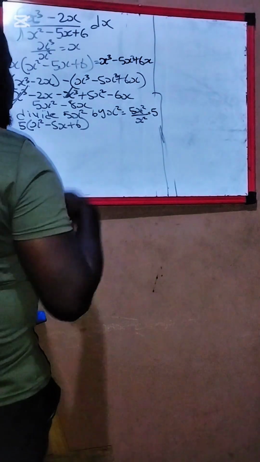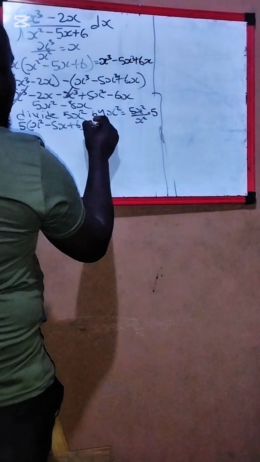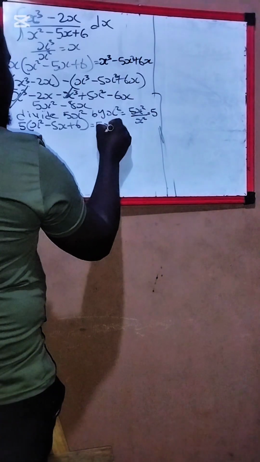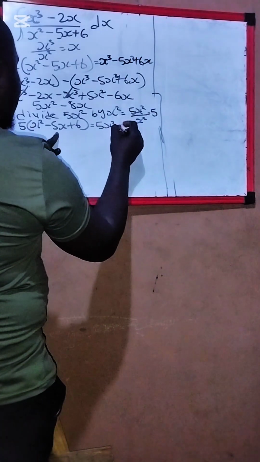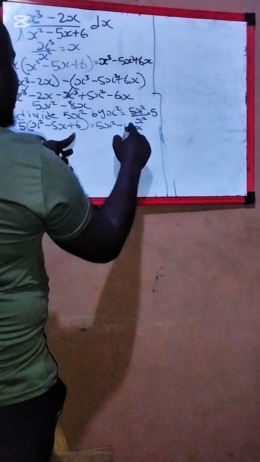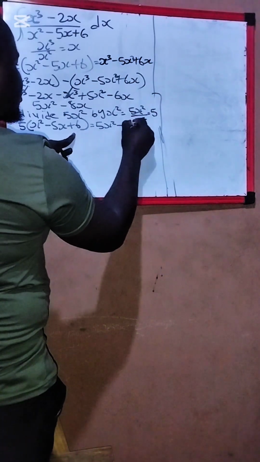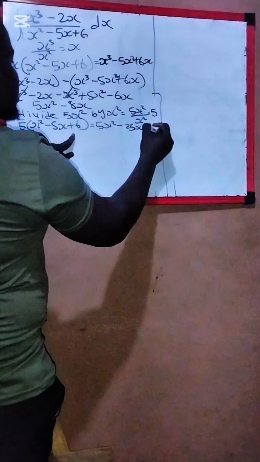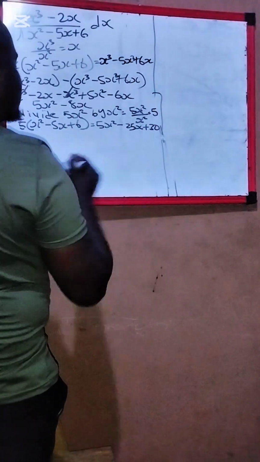Next thing, open this up: 5 times this we have 5x squared, minus 5 times this, 5 times 5 is not 15, sorry, 25x, 5 times 6 here we have plus 30.